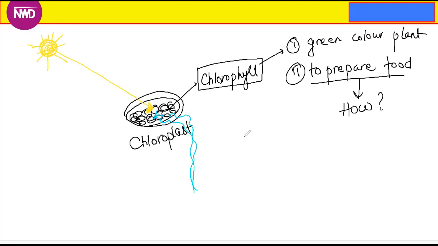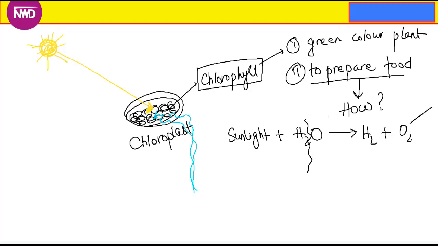Let me change the color of the pen. Yes. So how is it preparing? It first combines the sunlight plus water. Basically, it breaks the water in the presence of sunlight. So it will be like H2 plus O2. This O2 will get released into the atmosphere.